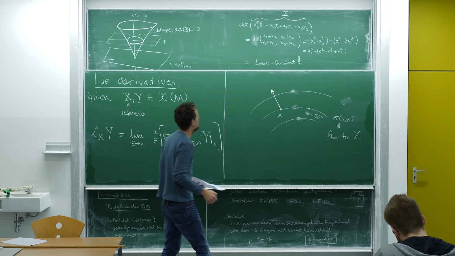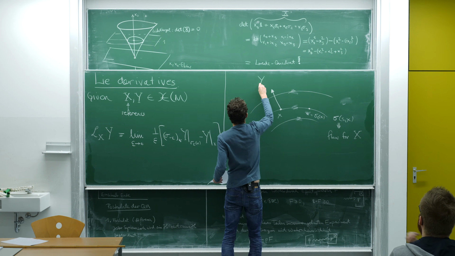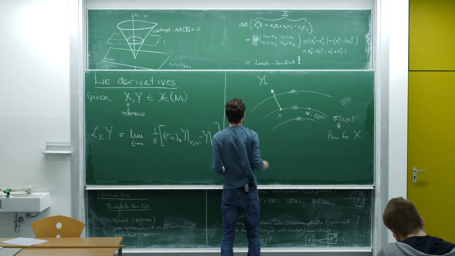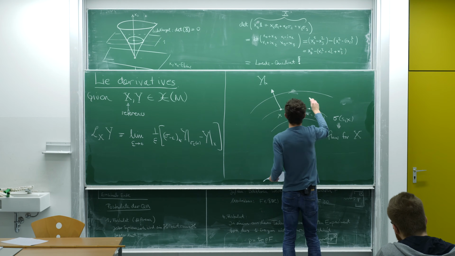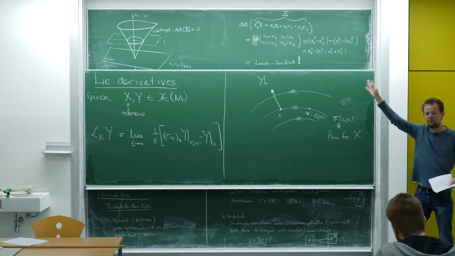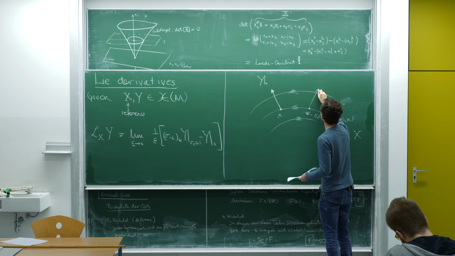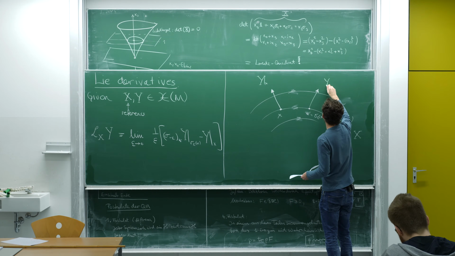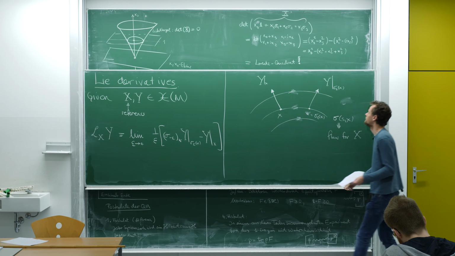That's the vector Y at x. And the vector field Y is defined everywhere on the manifold, so there's going to be a vector over here. That's Y defined at sigma epsilon of x.